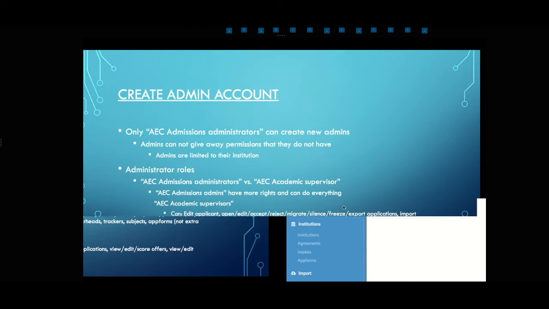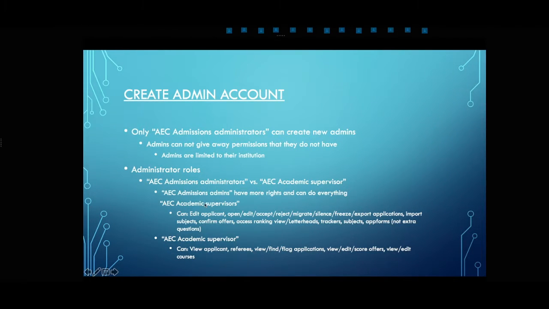Okay, so that's all pretty self-explanatory. There are two levels of administrators in the system. I will create one AEC academic supervisor. They're the higher level administrator in the system, and they're able to do a few more things than an academic supervisor.